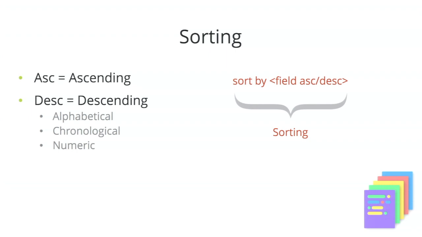For example, if we wanted a list of all of the students that have signed up for classes, and we want to sort them ascending by first name, it's just going to put them in alphabetical order, right? If we were sorting by a date field, we could do chronological or reverse, and we could even do numeric fields, right? So biggest number first or smallest number first, we could choose how that works.